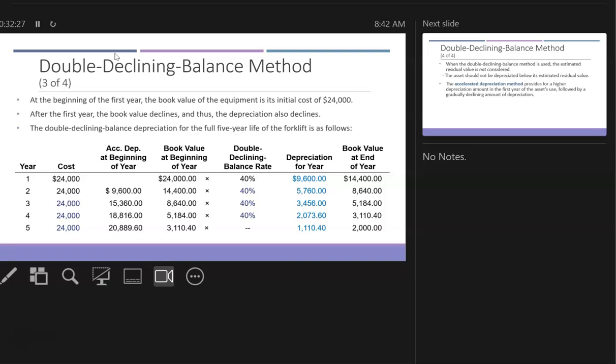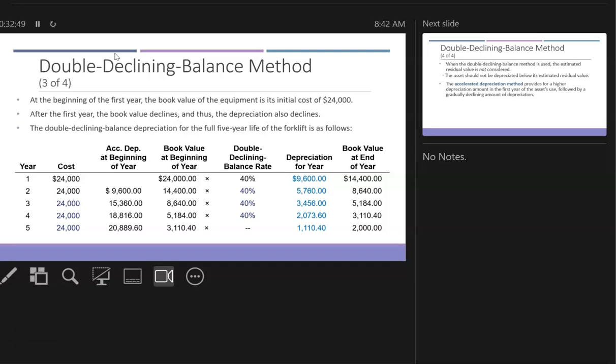As you see here, and here's the difference with double declining. You know with the other two methods, we take the cost of the asset minus the residual value and then come up with a percent? We don't do that with double declining. With double declining, we take the cost of the asset, multiply it, or divide it by the straight line times 2.